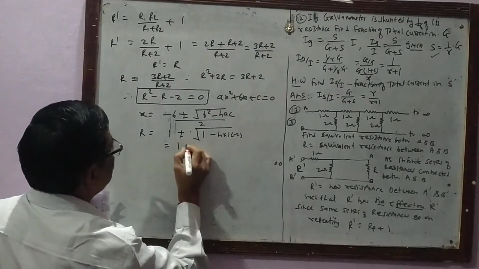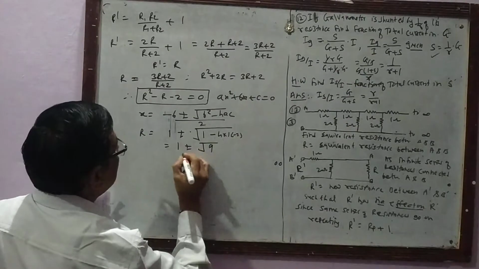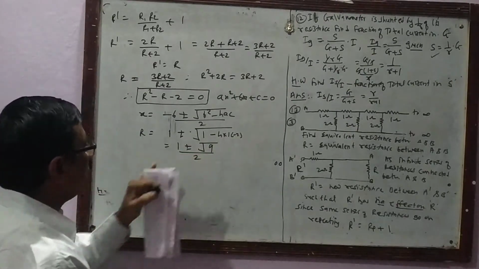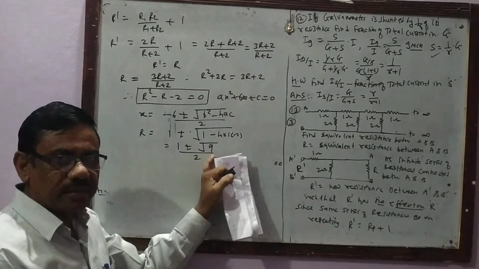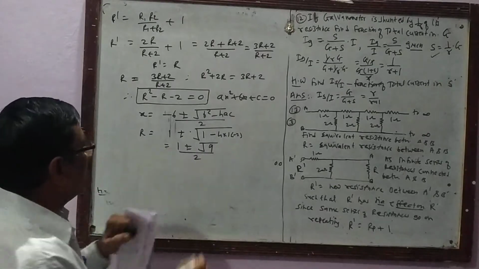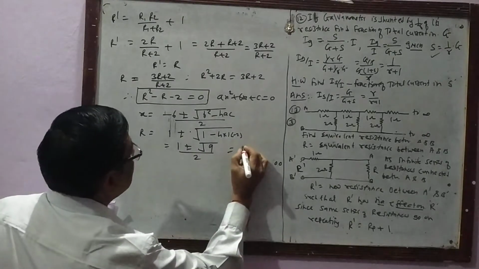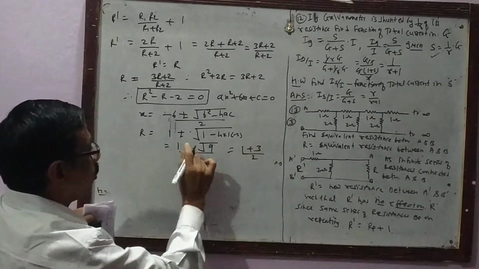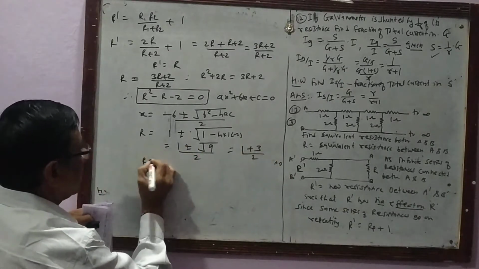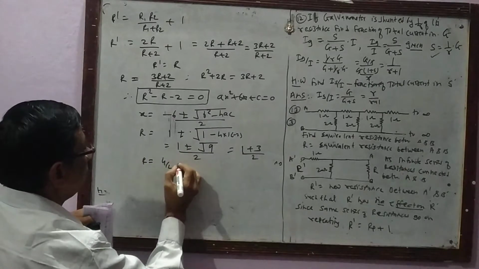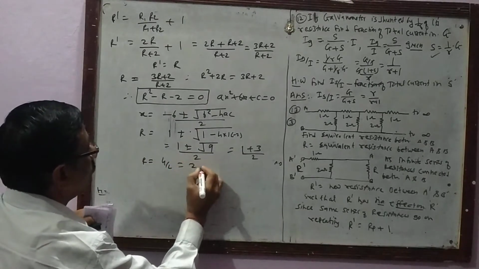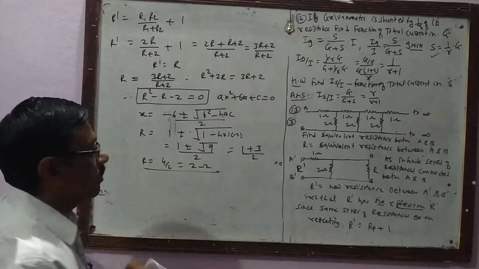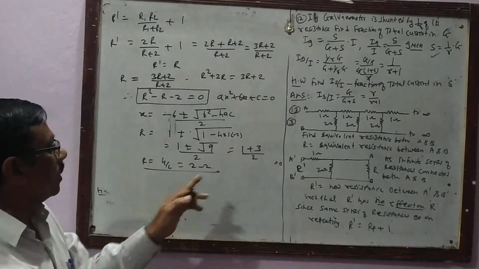Therefore it is 1 plus or minus under root of 9 divided by 2. Taking only the positive value, under root of 9 is 3, so 1 plus 3 is 4 divided by 2, and R is equal to 2 ohm. This is the equivalent resistance between the points A and B.